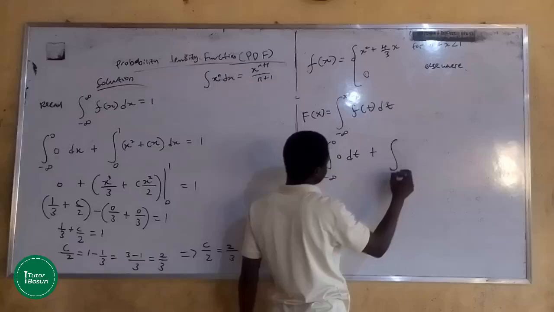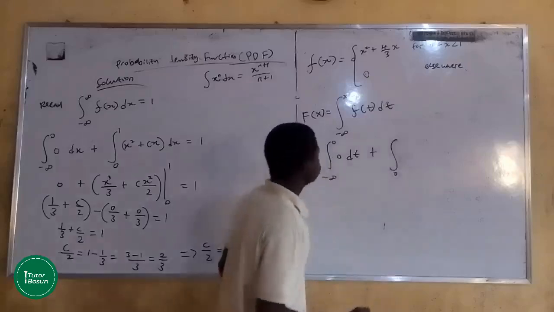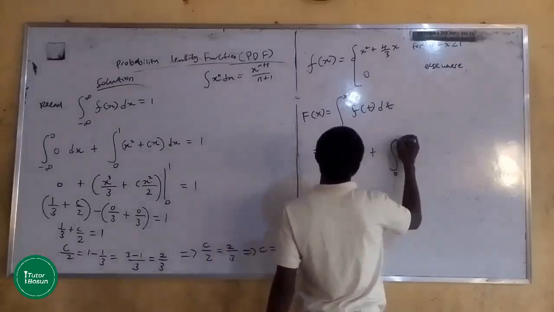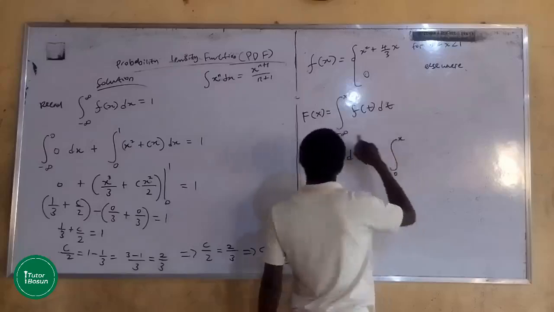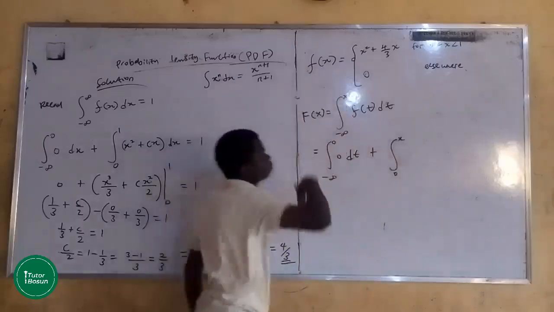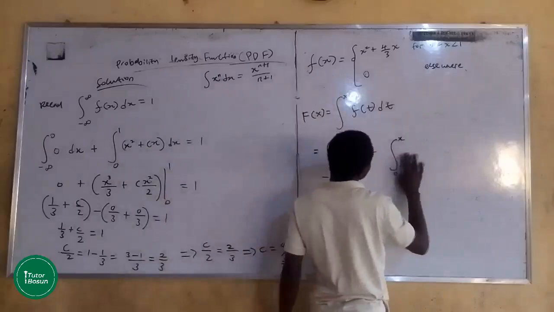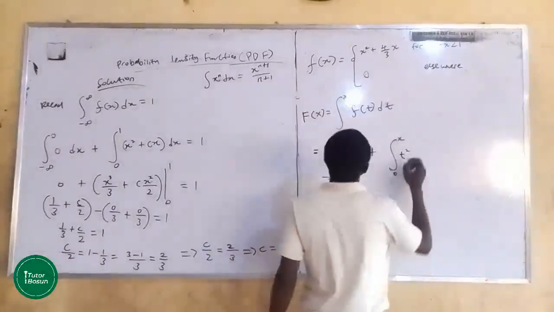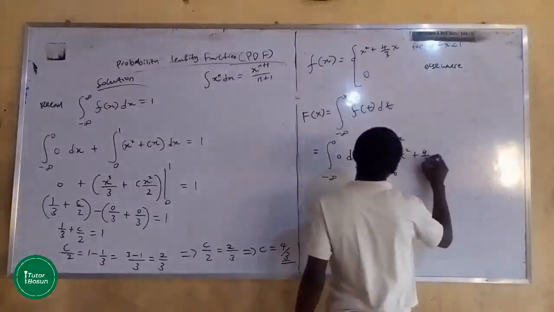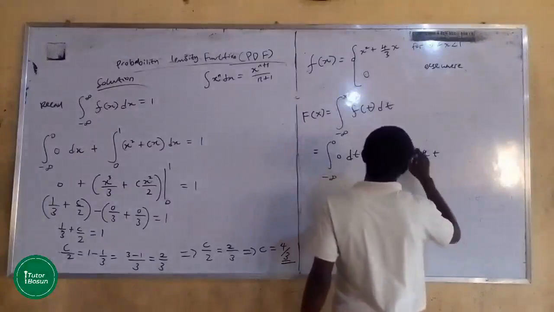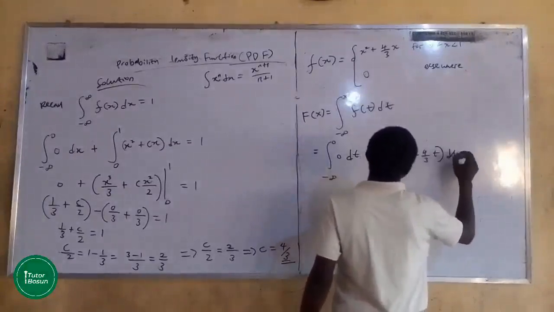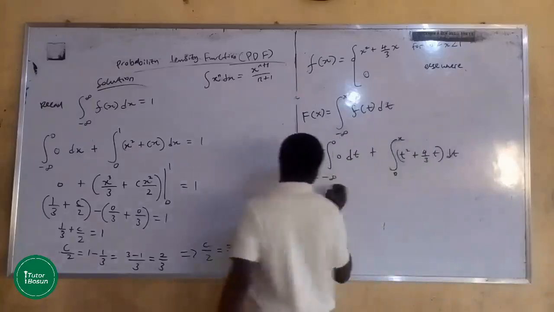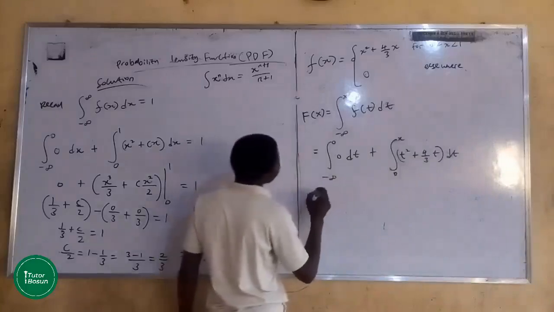Plus, here we have from 0 to x, from our formula, of t squared plus 4 over 3t dt.